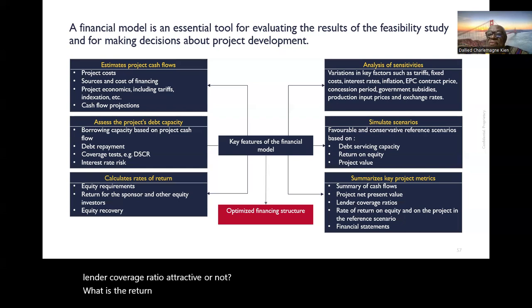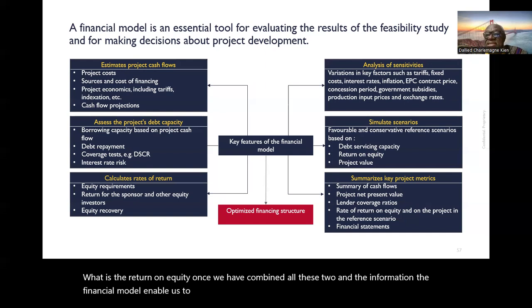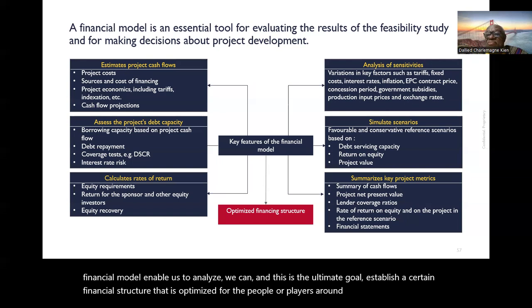Once we have combined all these tools and the information the financial model enables us to analyze, we can, and this is the ultimate goal, establish a certain financial structure that is optimized for the players around the table financing the project.